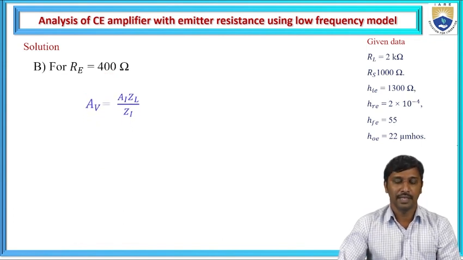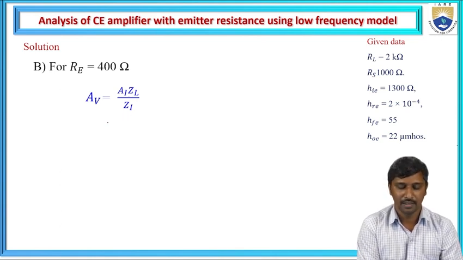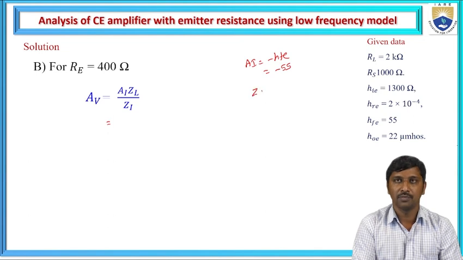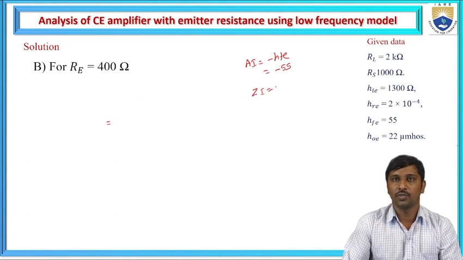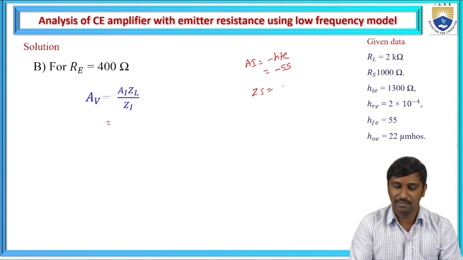Now we need to calculate the voltage gain. So Av is equal to Ai times ZL by Zi. Ai is equal to minus hfe, that is minus 55. And just now we observed the Zi value is 23.7 kilo ohms.